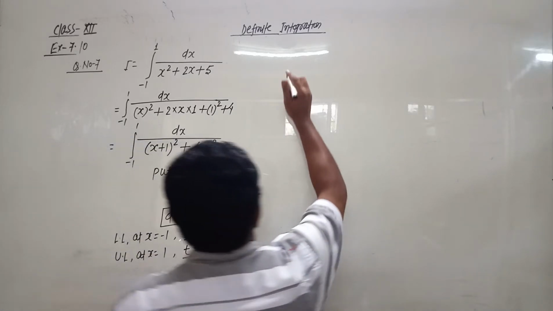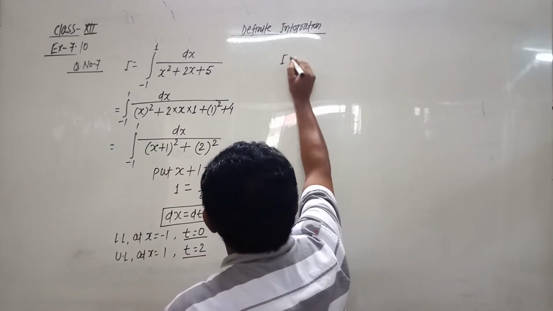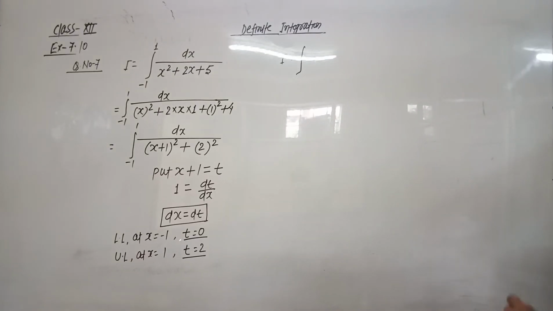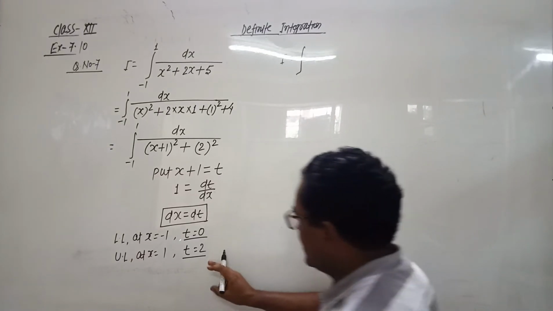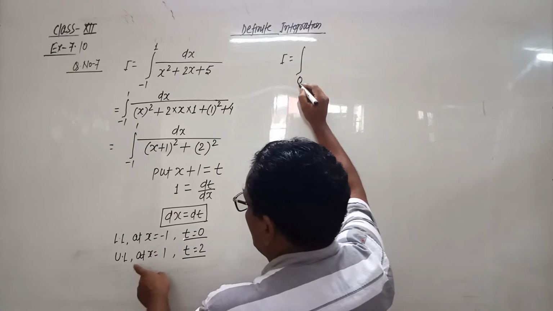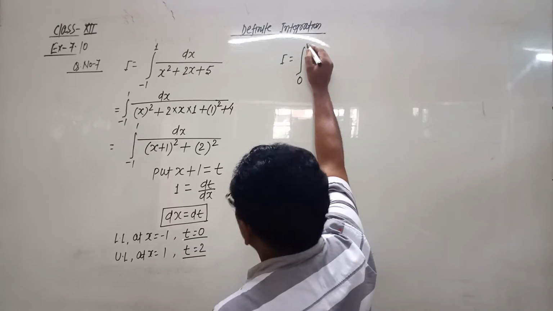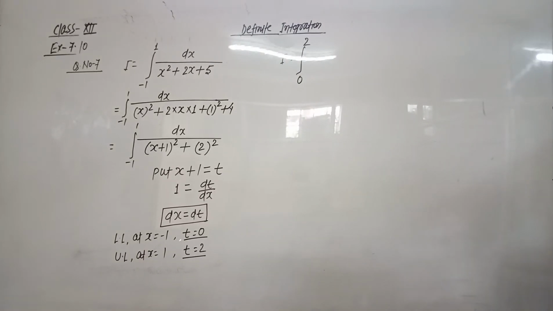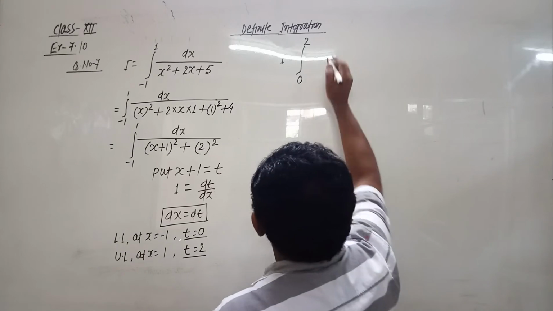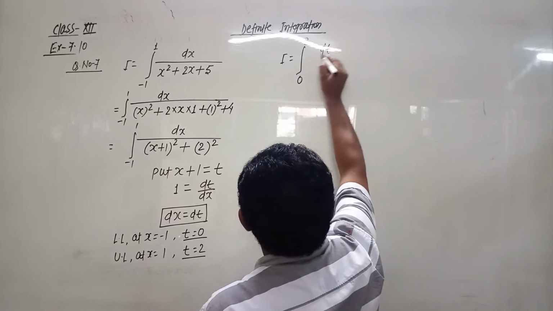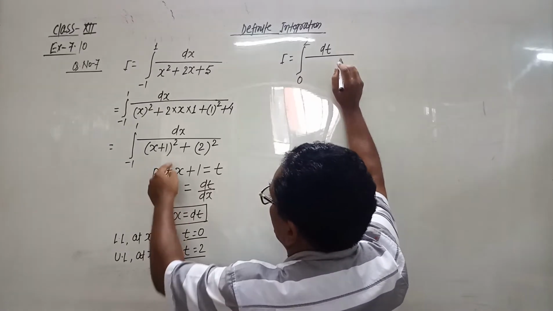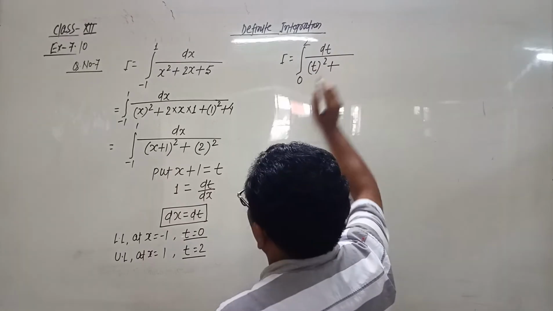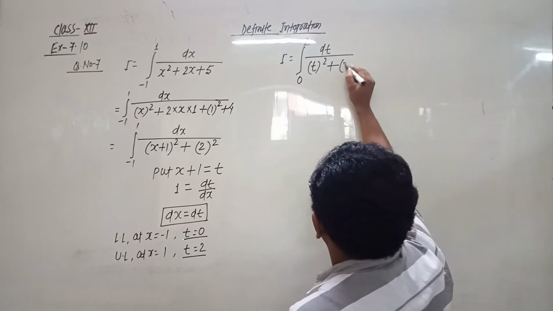Now this expression is written as integration, the limit has been changed. At the place of lower limit we write 0, and at the place of upper limit we write 2. And dx is equal to dt upon, x plus 1 is t, so t square plus 2 the whole square.